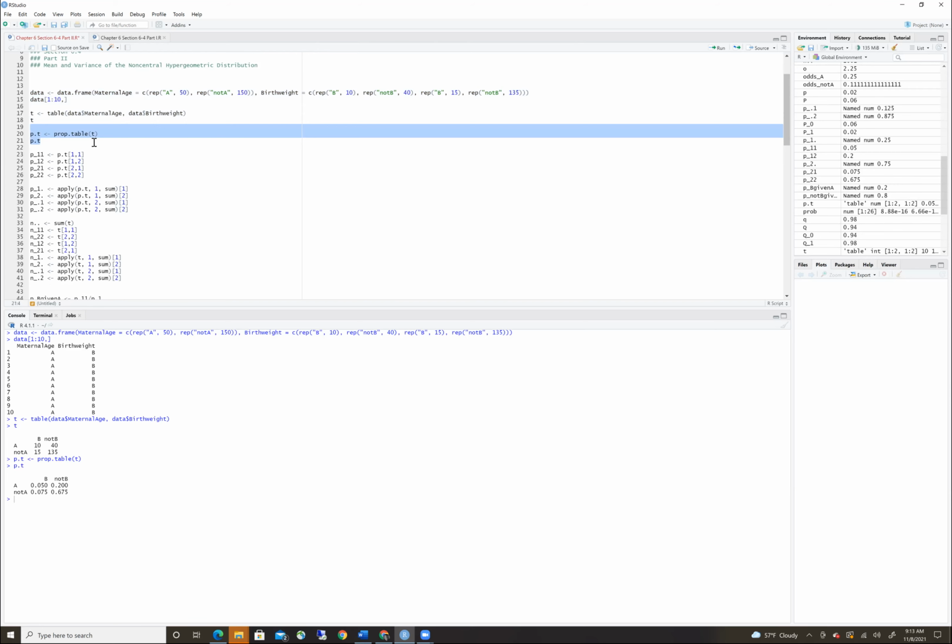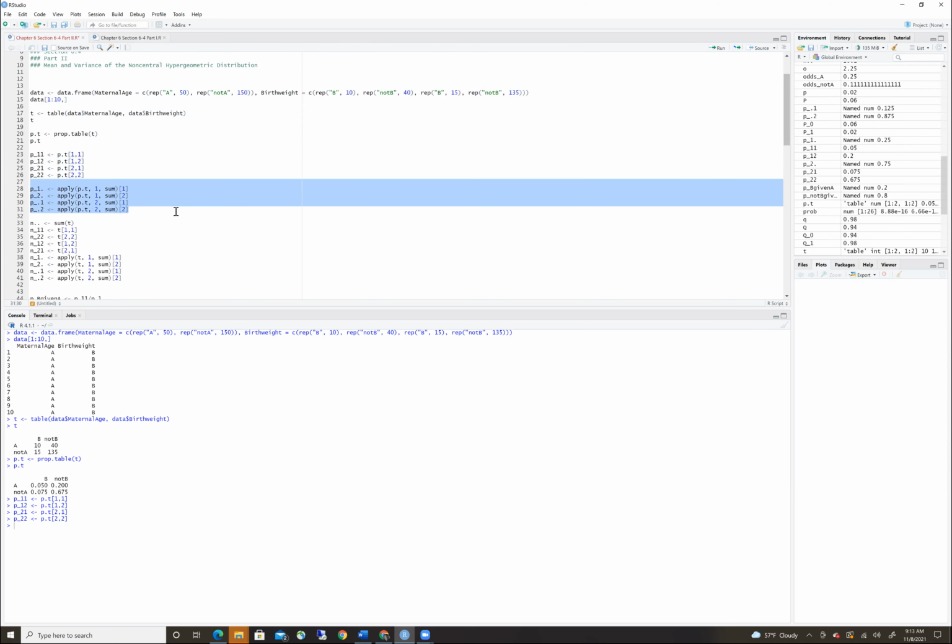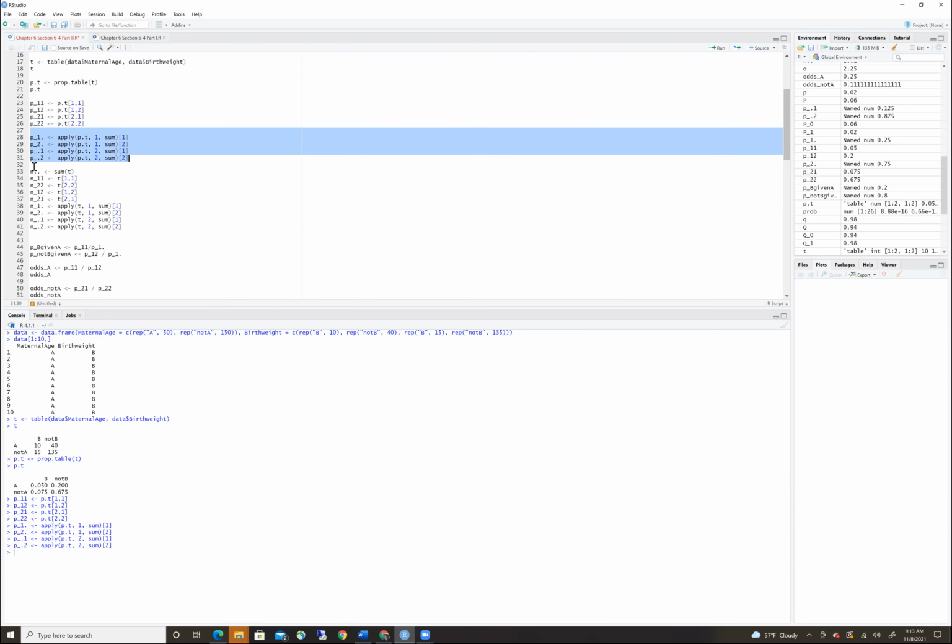So we're going to also identify P11 all the way through P22 by picking off, using the square brackets, row and columns of each of the proportions tables. We're going to use the apply function to get all the marginals. And we're going to get all of the counts as well.